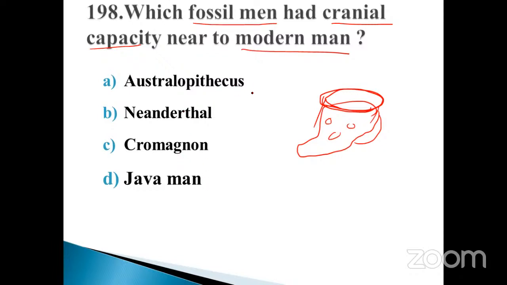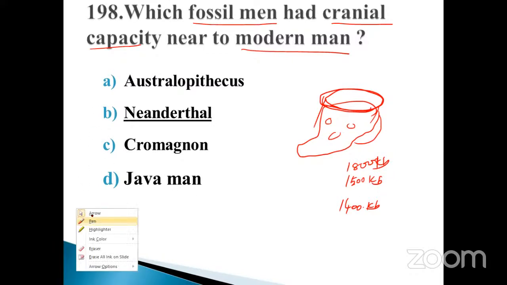Depending on the options, they may mention 1500, 1400 or 1800, like that. The answer is Neanderthal man. These are all direct questions. You have to work it out according to their brain capacity.